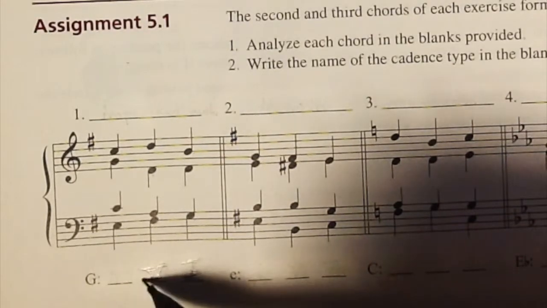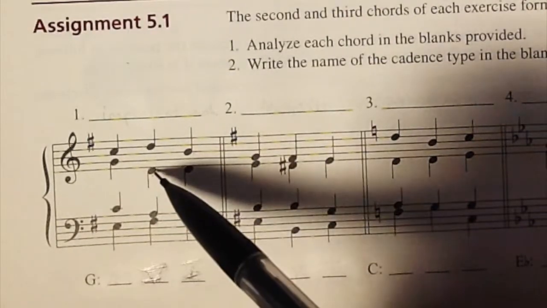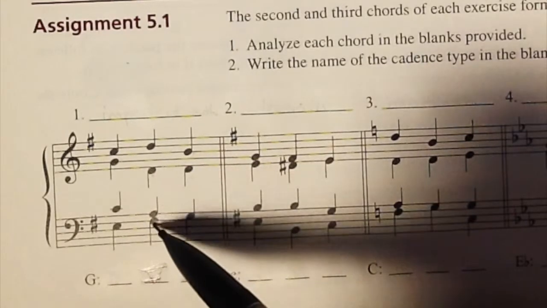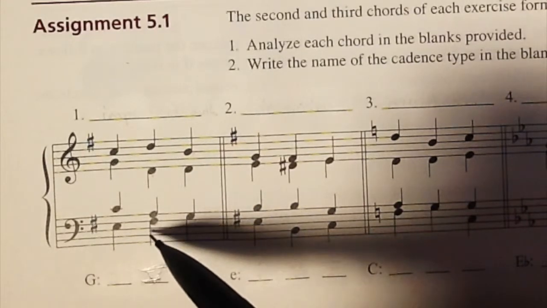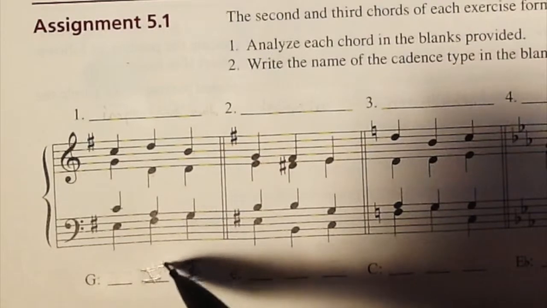And since it's D, F sharp, A, that's going to be a major 5. And then finally, since the root is up here and not in the bass, the lowest note I have is the F sharp. D, F sharp, A, the F sharp is the 3rd, so it's in first inversion. I would write a 5-6.